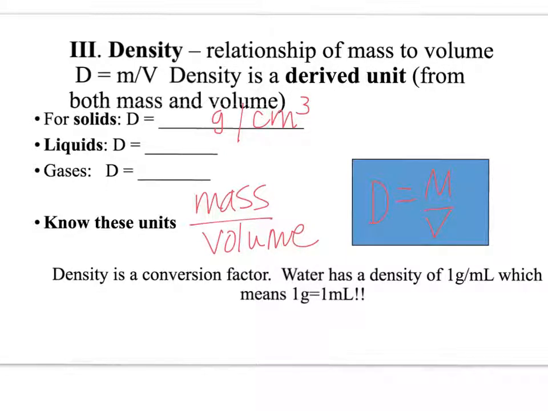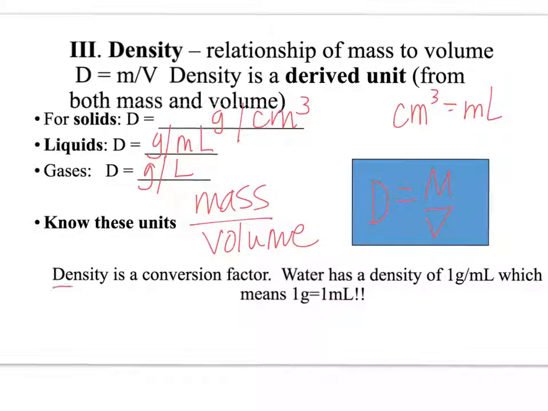If it's a liquid, it's going to be grams per milliliter. And remember, I told you that a centimeter cubed is the same thing as a milliliter. We tend to use milliliters for liquids and centimeter cubes for solids. And then if it's a gas, because they have a very, very low density, we actually report that in grams per liter. So you need to be aware of that.